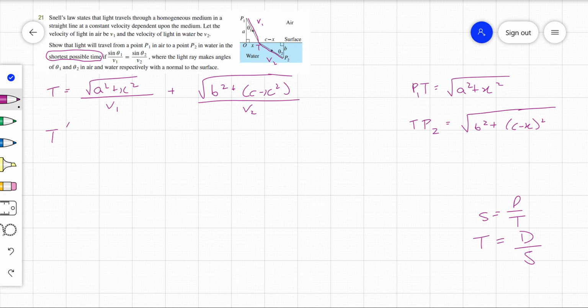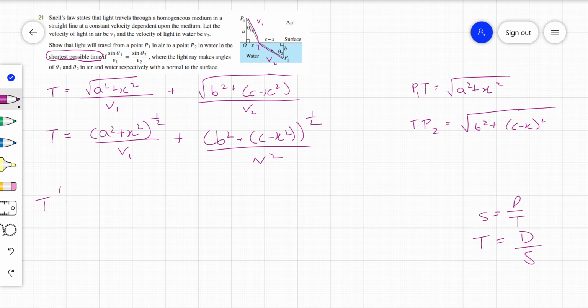All right, in order to find t dash, let me just rewrite t to make it easier for you. So think of this as (a squared plus x squared) to the power of a half over v1, and this one (b squared plus (c minus x) squared) to the power of a half over v2. So t dash.